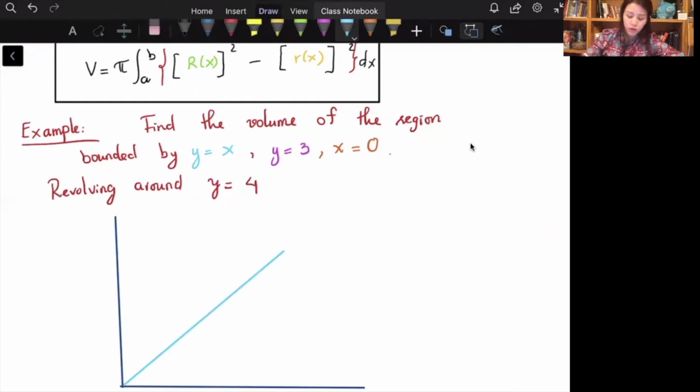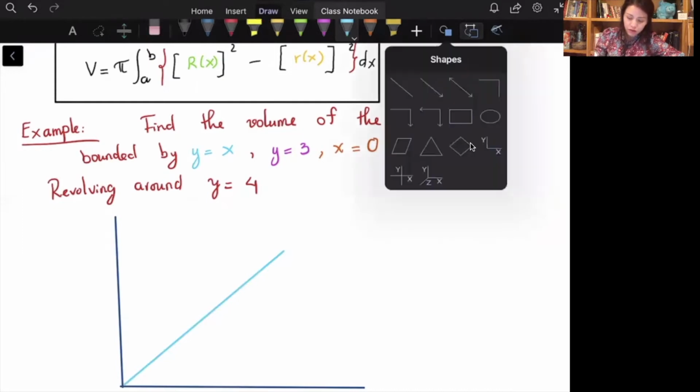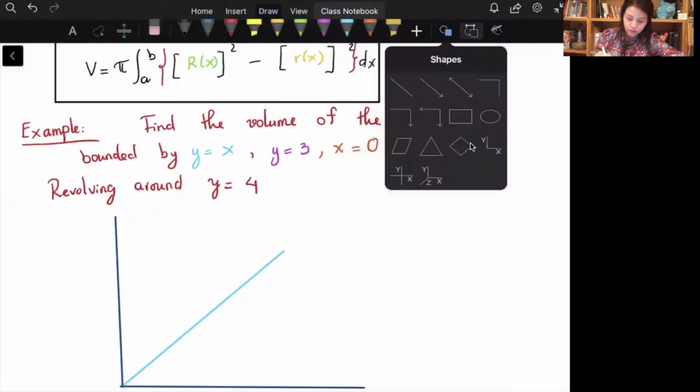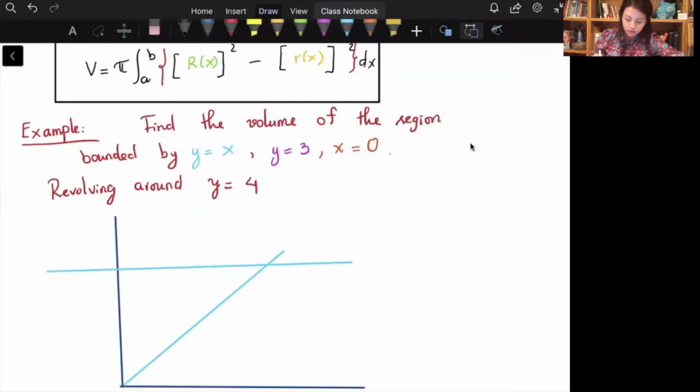And y equals 3 is maybe put it right here. And then x equals 0, that's just the y-axis. So it's right on the y-axis.